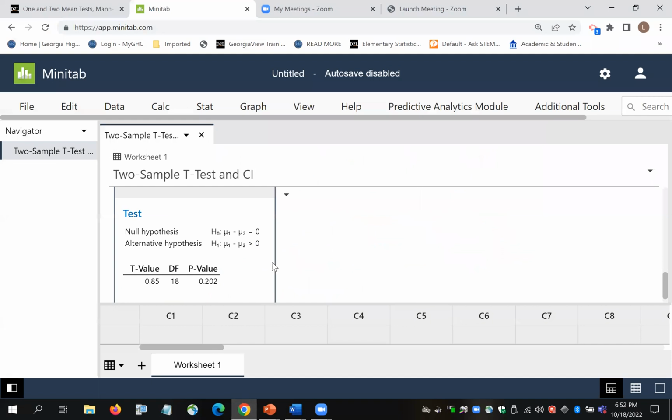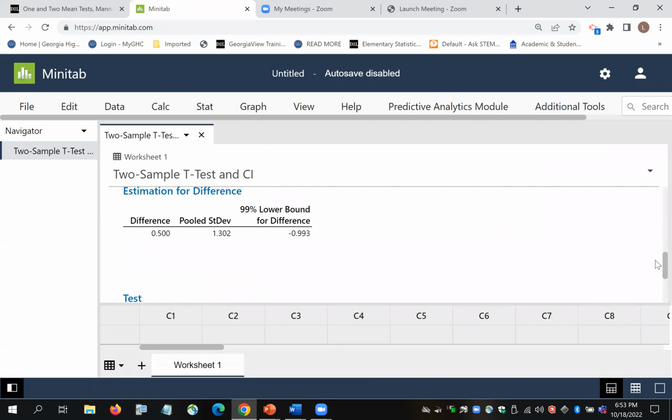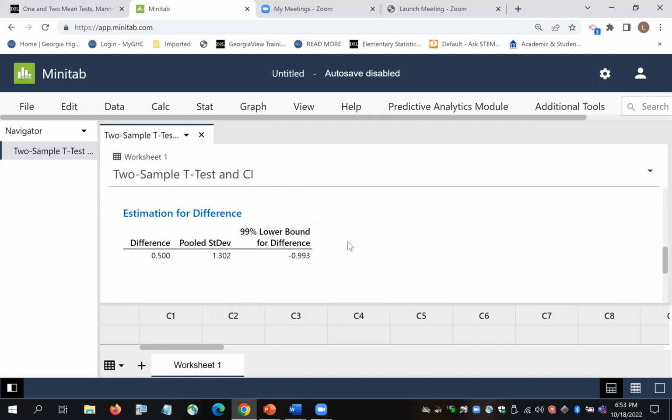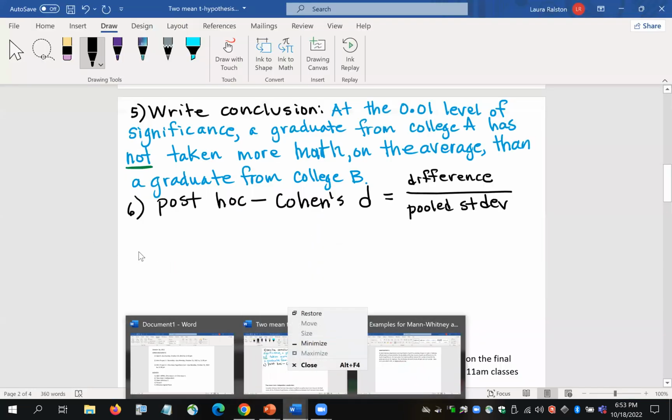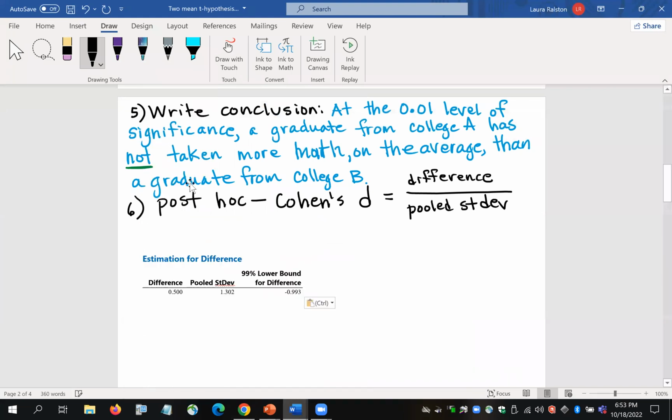When I calculated the 2-sample t-test, if I scroll back up under the header, estimation for difference, I'm going to copy it where we can look at it. It gives you the difference and it gives you the pooled standard deviation. I just have to plug and chug.